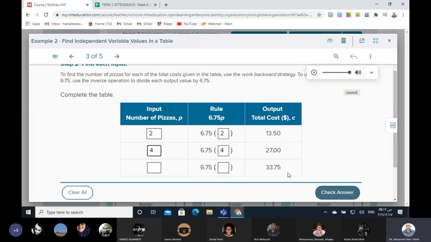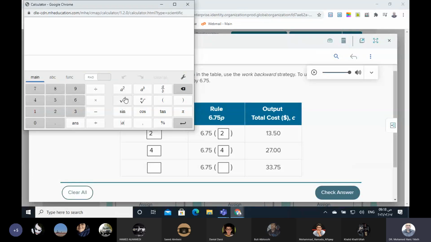The third value, we have the output 33.75. Please solve the input value and tell me the answer. The answer is 5. Check with me.